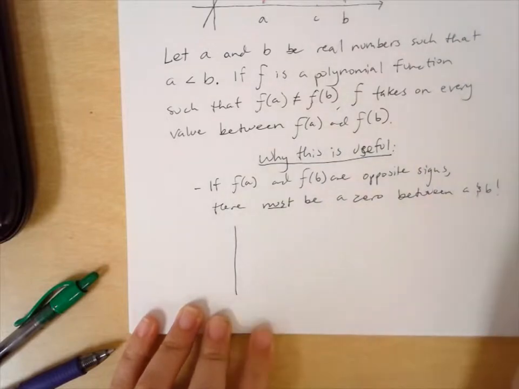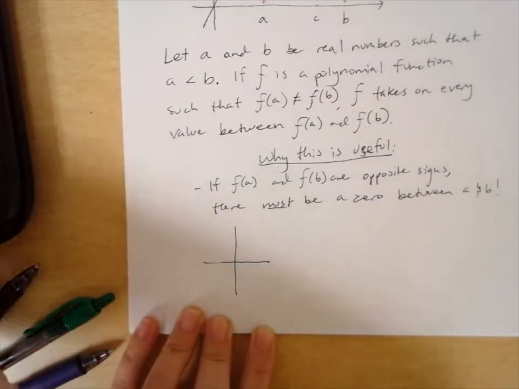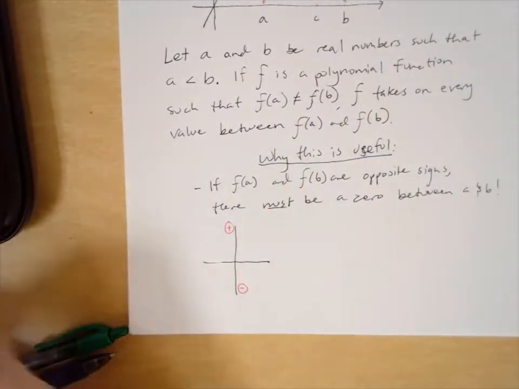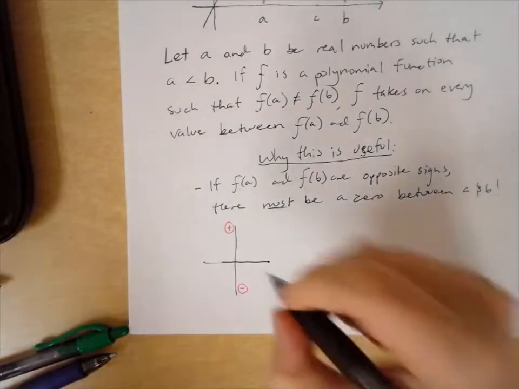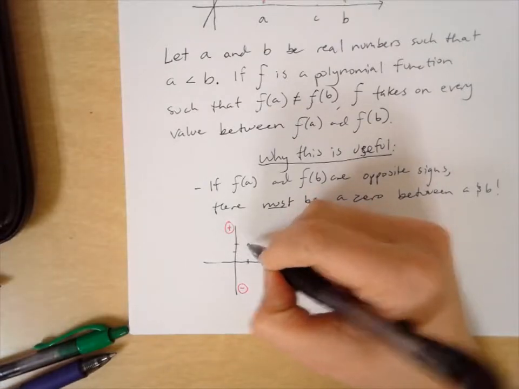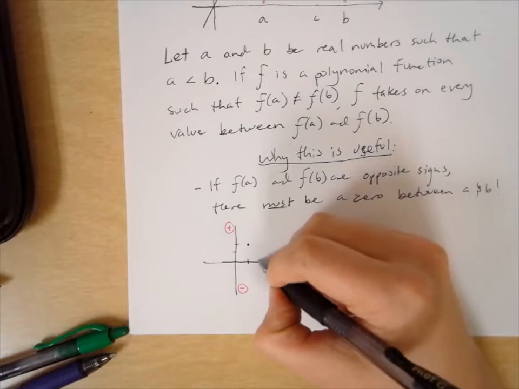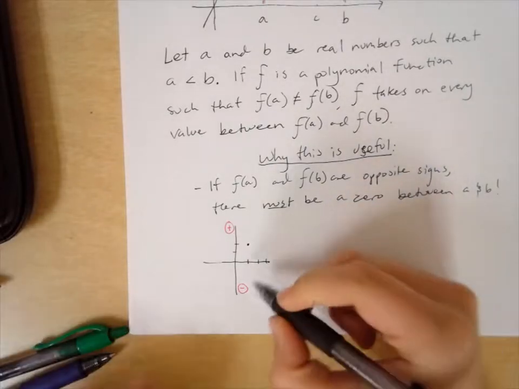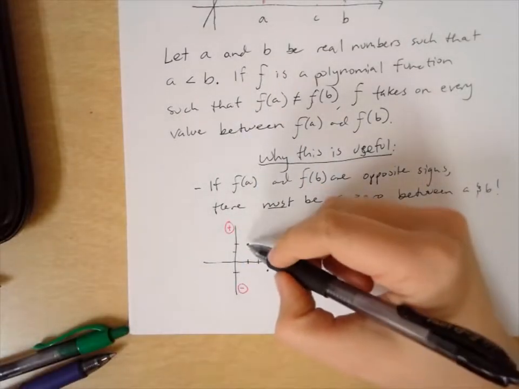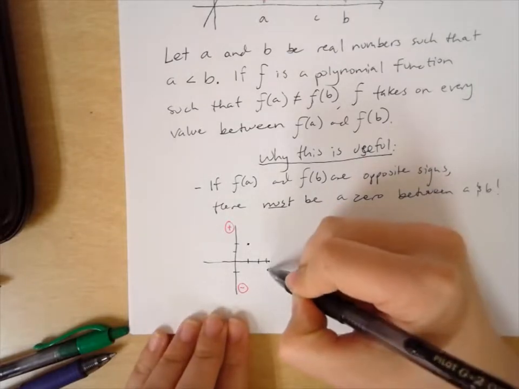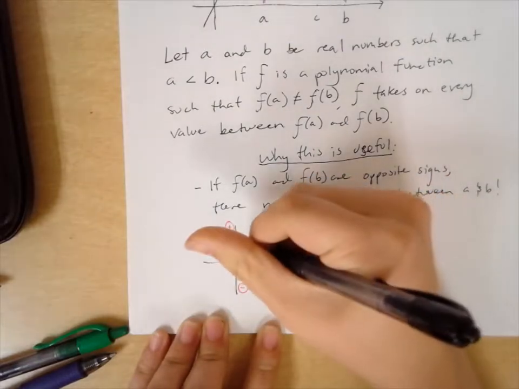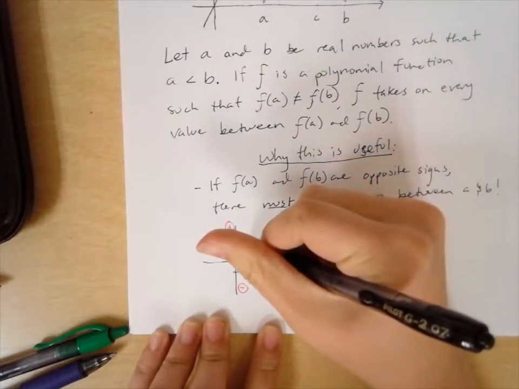So say we had our y-axis and we have our x-axis. We know that we have all of our positive y values up here and we have all of our negative y values down here. So if at any point, let's say at 1 our graph is positive. Let's say at 1 our graph is 2. Cool. And then we find that maybe over here at 3, our graph is now -1. Because there has to be a y value for everything between here and here, our graph would be a line between this point and this point.